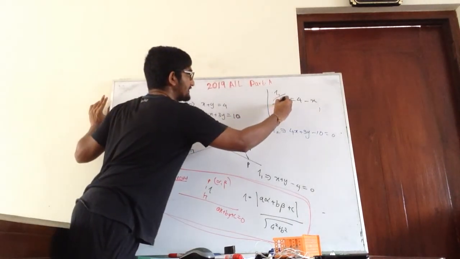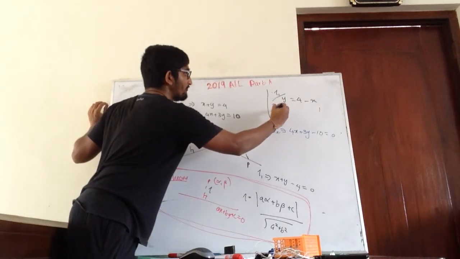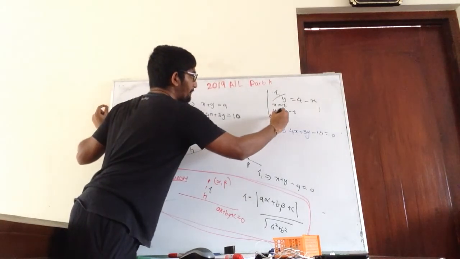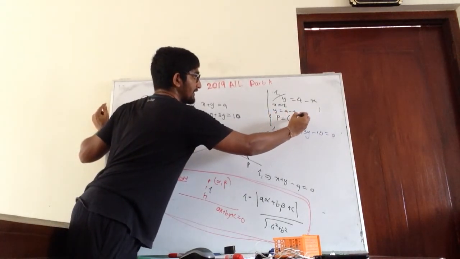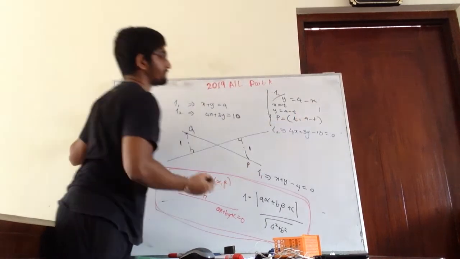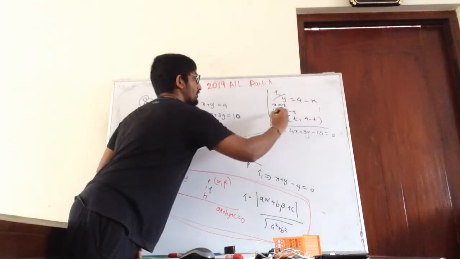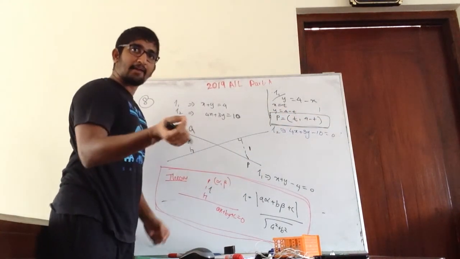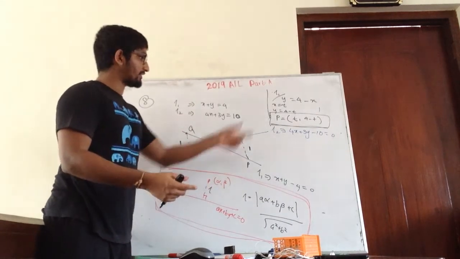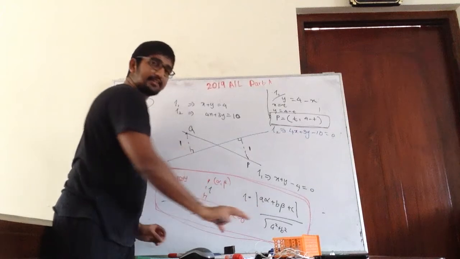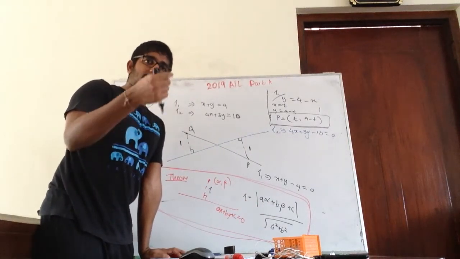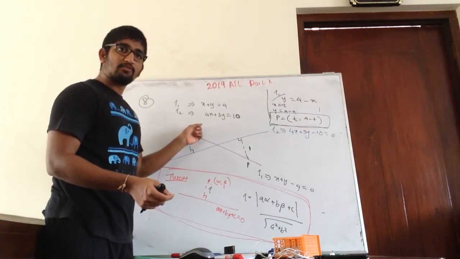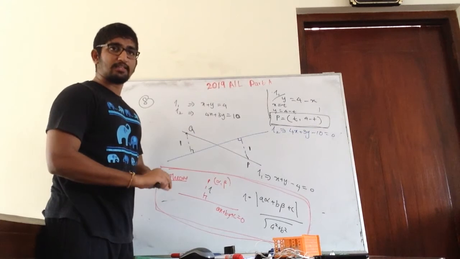So I am going to put x equals t. Then y will be 4 minus t. So then I can write the point P as (t, 4 minus t). I am going to use this and find the value. Now if I substitute this into the distance equation, I will get 2 values of t. One of the values will be for P, the other value will be the point for Q. So then you can get the answer.